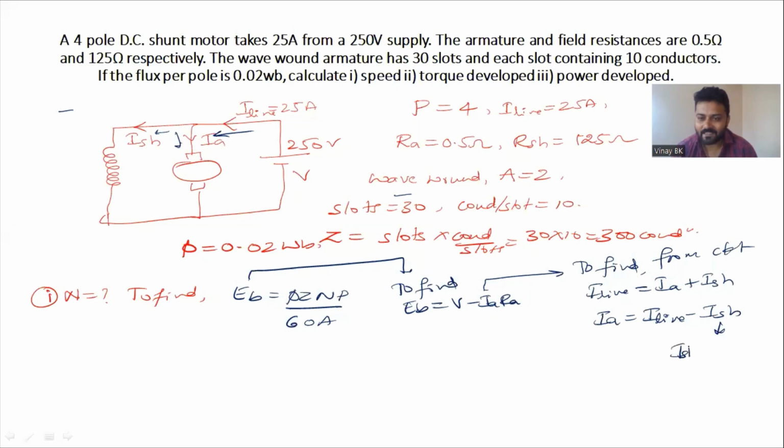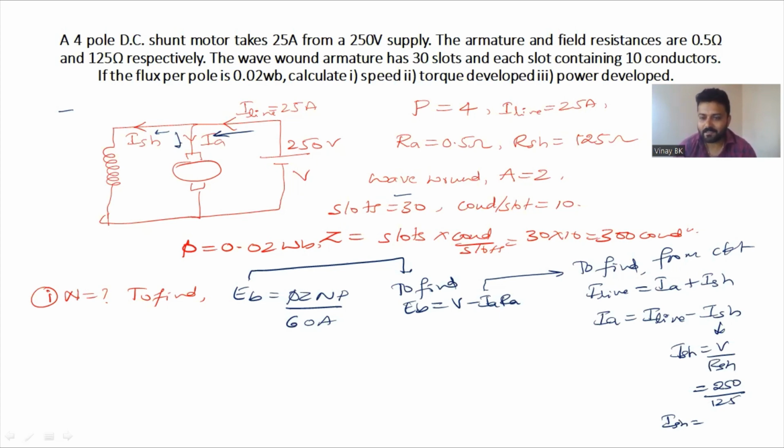ISH is given by V divided by RSH. Here V is 250 and RSH is 125, so ISH equals 250 divided by 125. You get 2.